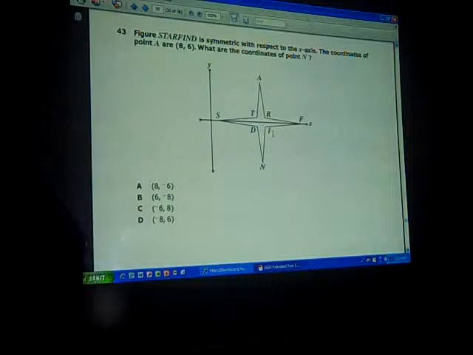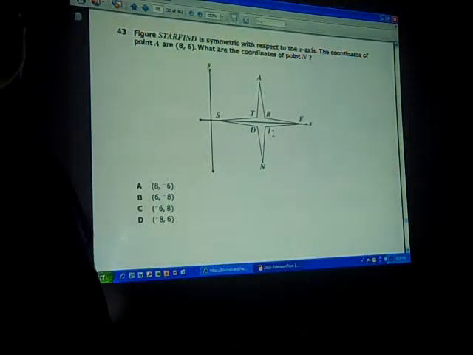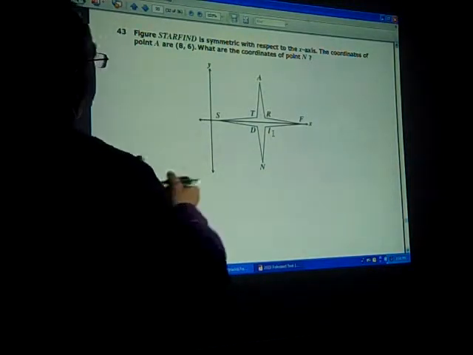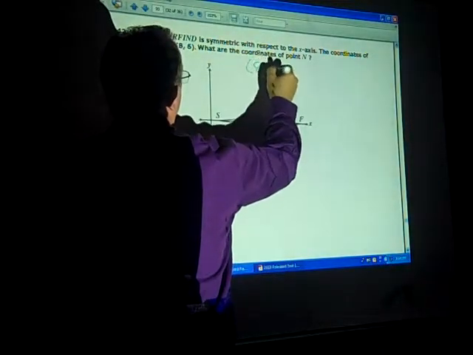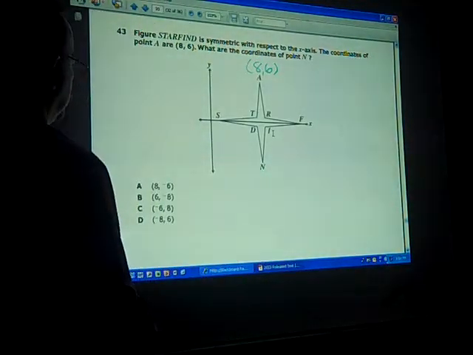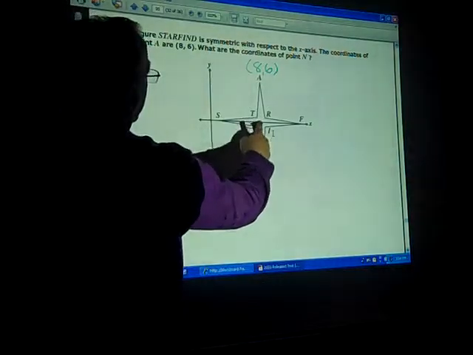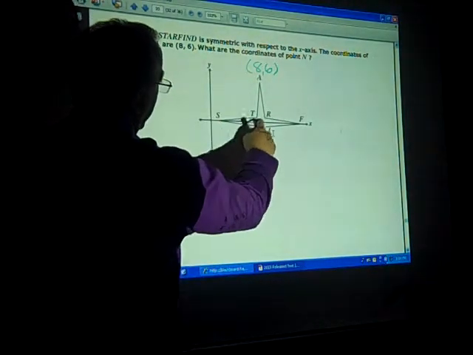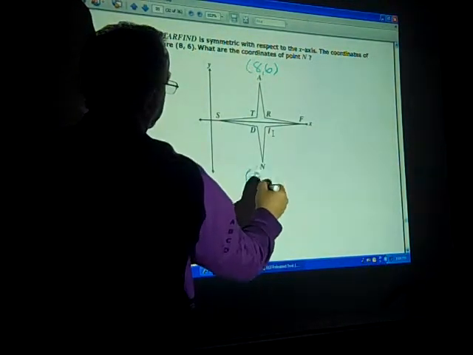Figure star find is symmetric with respect to the x-axis. The coordinates of point A are 8, 6. What are the coordinates of point N? Well, if we go over 8 and go up 6 to get to that one, we're going to go over 8 and down 6 to this one, so it'll be 8, negative 6.